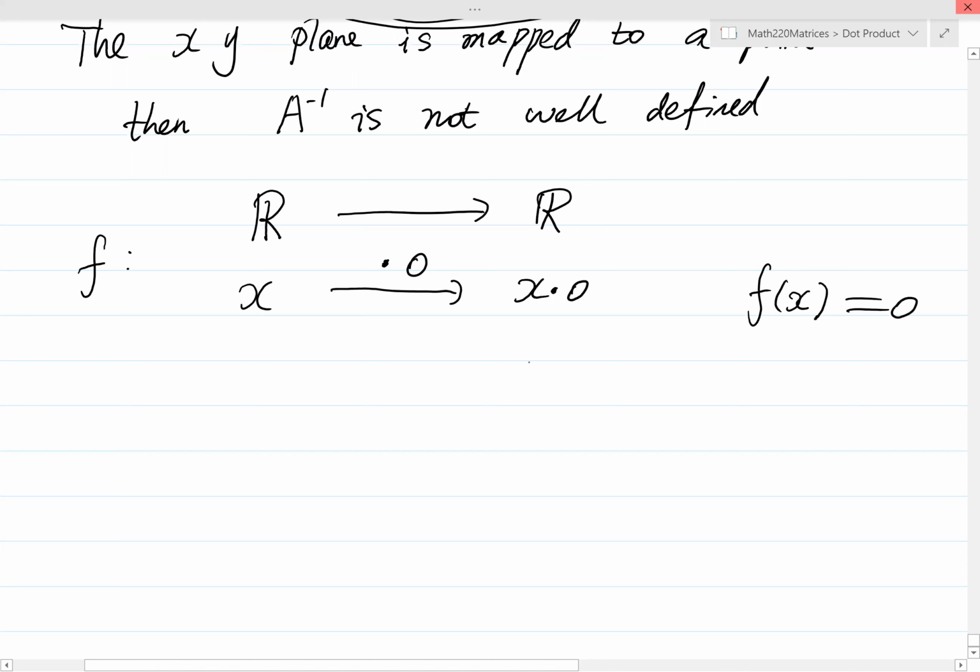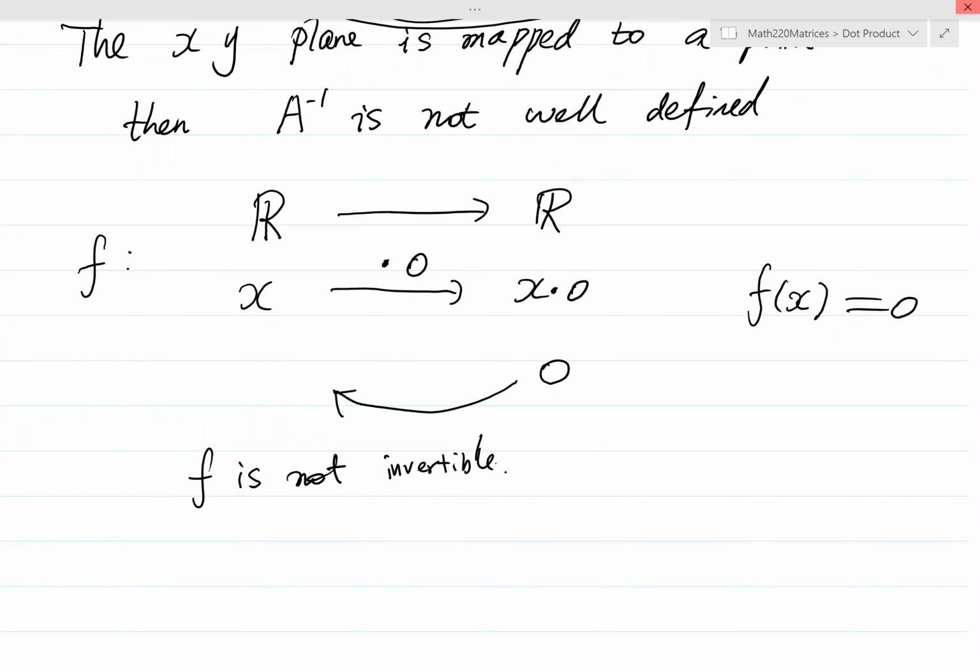So you see, once we have 0, we have many choices to make. So f is not invertible, because for 0, you have many things to invert, because multiple inputs are mapped to 0.